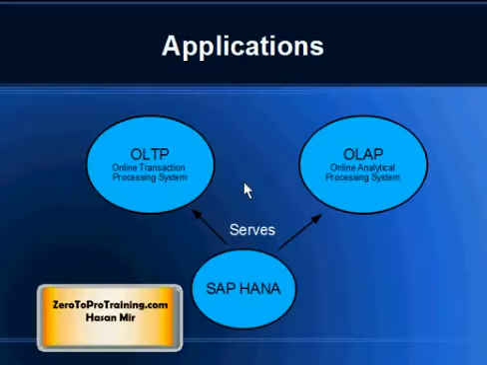They'll be doing the query. So two different kinds of systems, two different kinds of audience, two different kinds of tuning required for both kinds of systems. So this is really in short the difference between the two. So SAP HANA in-memory database could be used for either of the two applications.